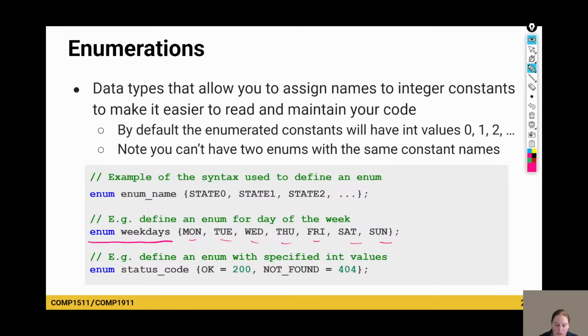And by default, these enumerated constants will have values 0, then 1, then 2, then 3, then 4, then 5, then 6, etc. Sometimes we don't want those defaults. So down here we've got enum status code, and one of the values you can use is OK, but its underlying constant value is 200. Not found, its underlying constant value is 404.